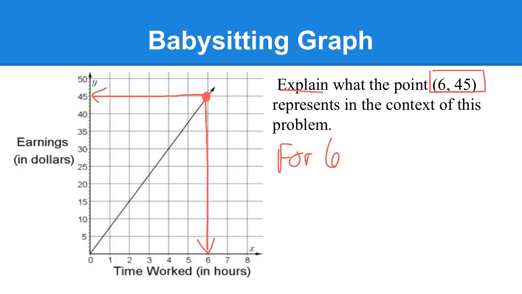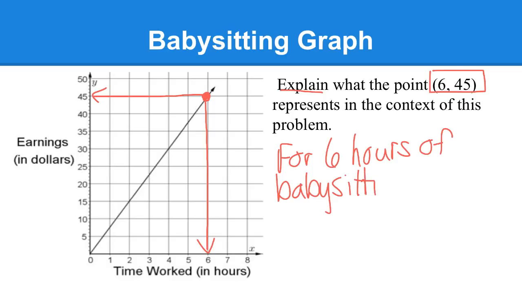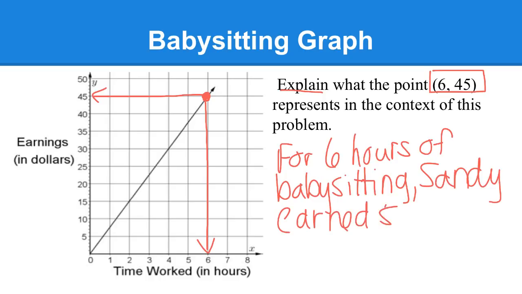For 6 hours of babysitting, Sandy earned $45. That is my explanation of what 6, 45 represents in the context of this problem.